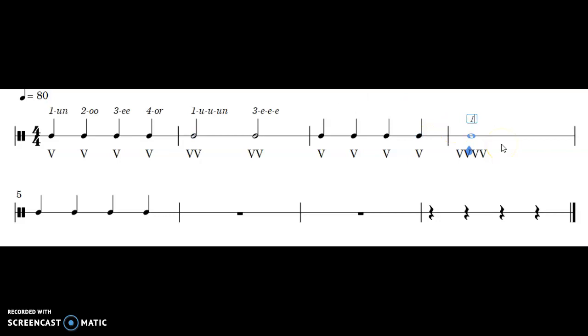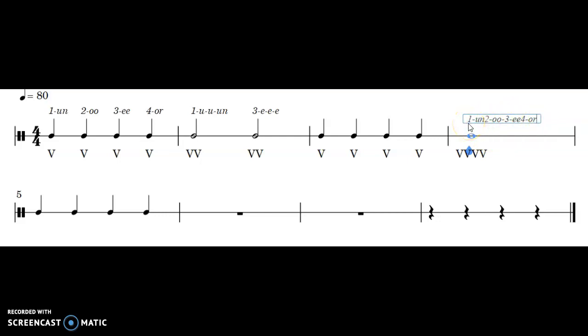So if we did it like normal in our head, we would be thinking 1, 2, 3, 4. So we're going to go back and change our numbers into impulses.